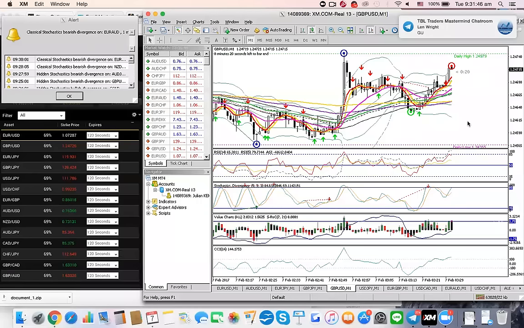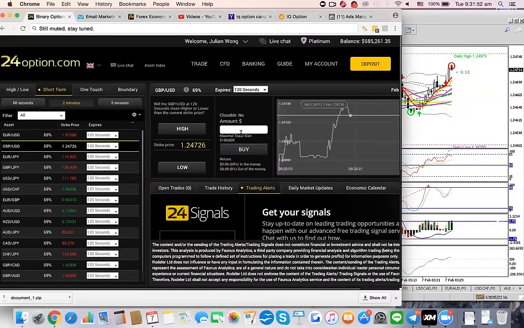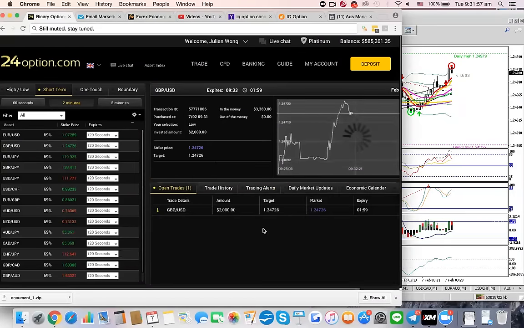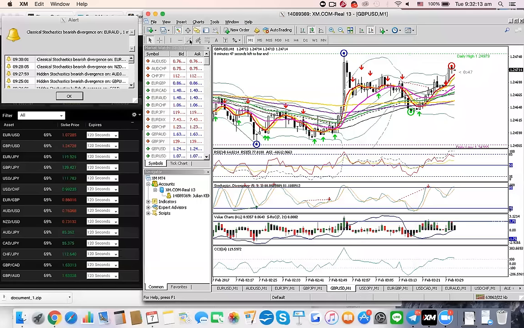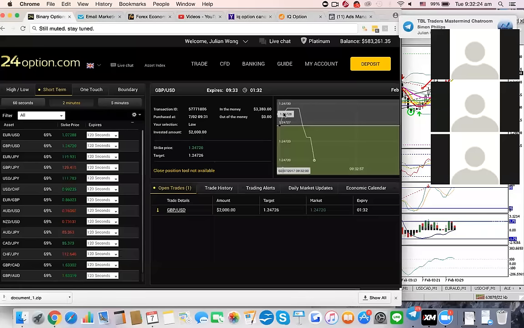GU is one opportunity. Let's take a GU for 2 minutes put. Let's try it initially for 2 minutes. Pound USD. Take it now. There we go.